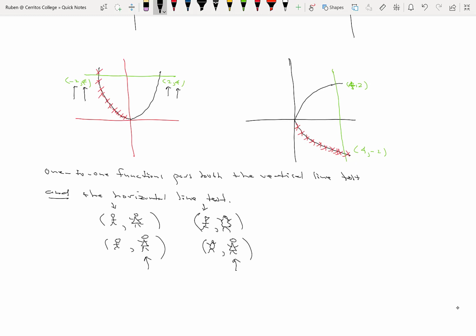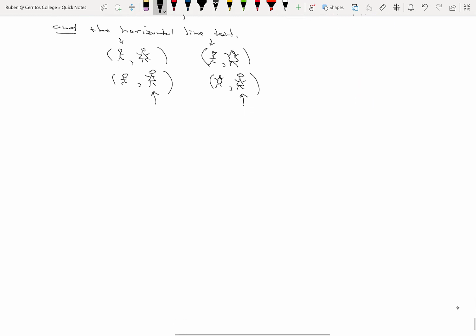One-to-one functions are functions graphically that pass both the horizontal and vertical line tests. So, let's take a look at a specific example to ingrain the concept of one-to-one functions.